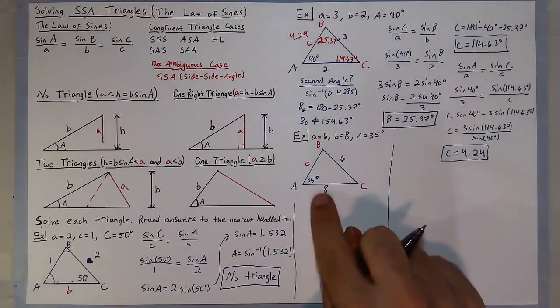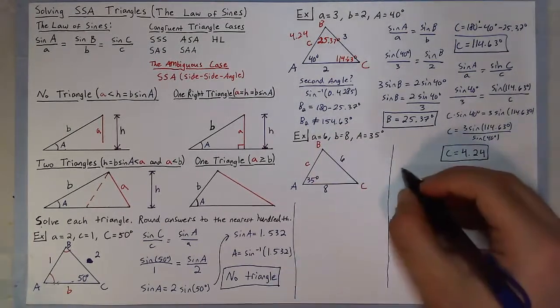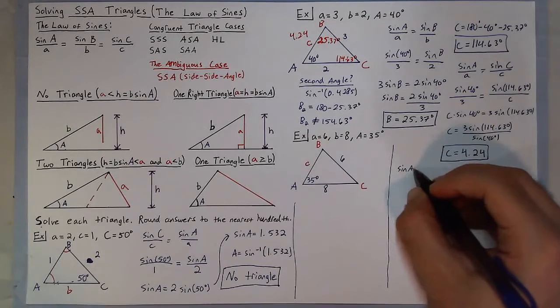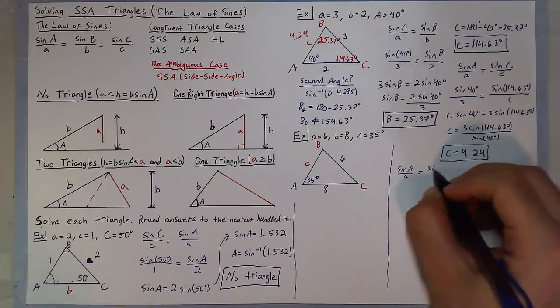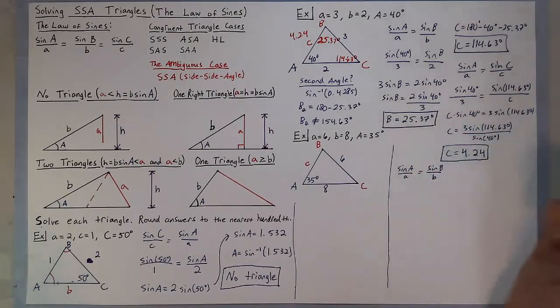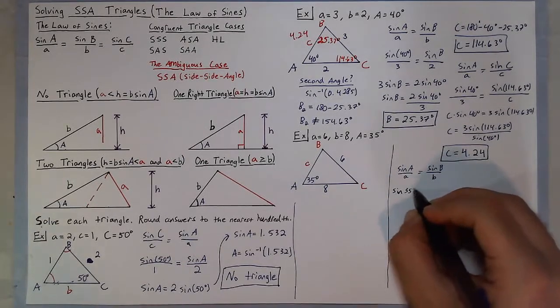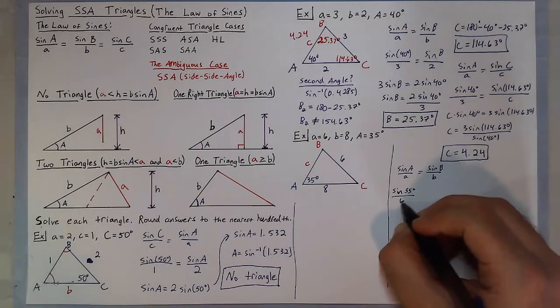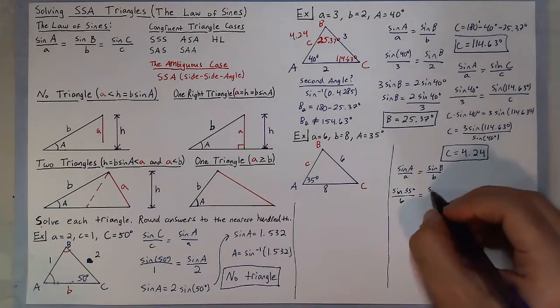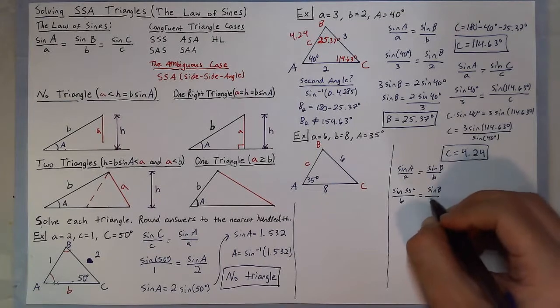First, I'm going to find out what angle B is. So again, sine of A over a is equal to sine of B over b. So sine of 35 degrees over 6 is equal to sine of B over 8.